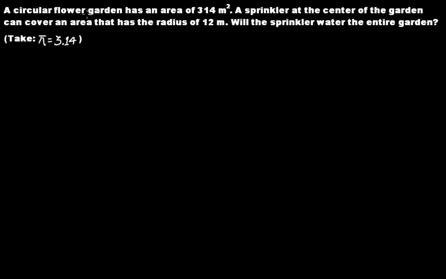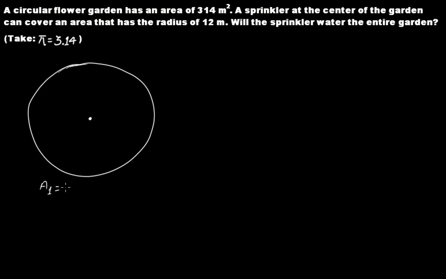A circular flower garden has an area of 314 meters square, right? Let's say that this is our circular flower garden. It's not a very accurate figure, but let's assume that it's a perfect figure. Its complete area is 314 meters square, so area 1 is 314 meters square.